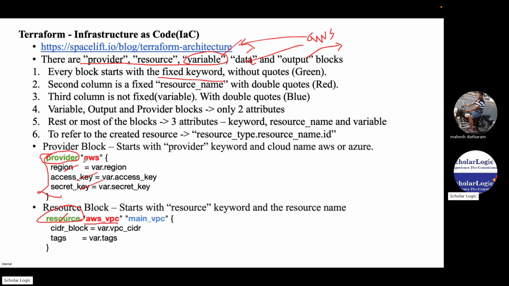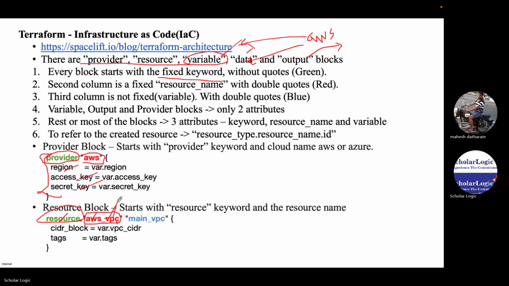Say you are working on AWS cloud: here the provider is AWS, and here it is aws_vpc, aws_ec2, aws_s3. Your second column should be written in such a way that you are connecting to that particular cloud and resource. So it is your cloud name, underscore, your resource name.